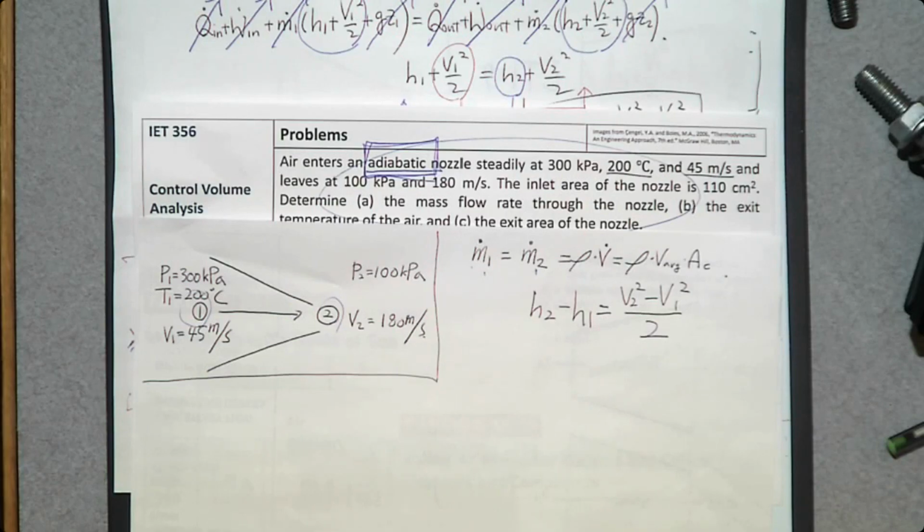Do you know any equation that we use to determine density? If you're not sure about density, then think about the specific volume, because specific volume is the inverse of density. Do you know any equation that has a specific volume that we studied in the previous chapter?